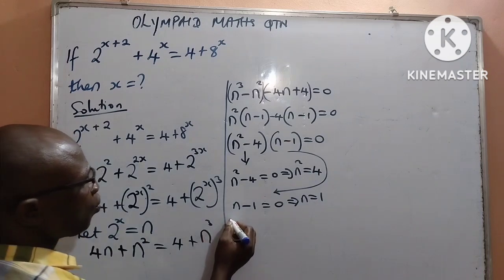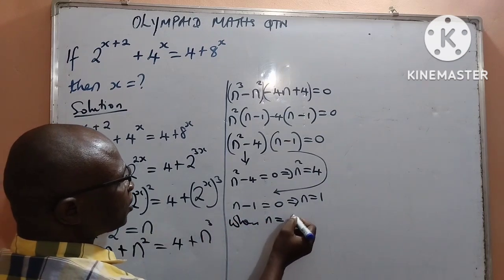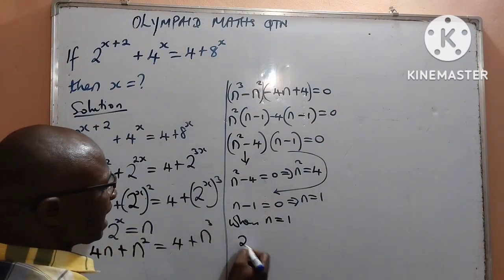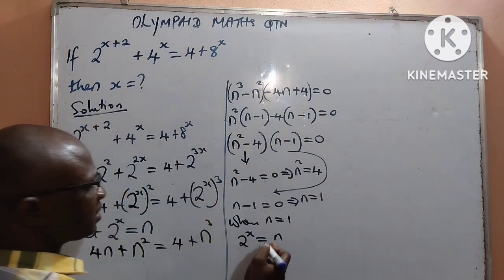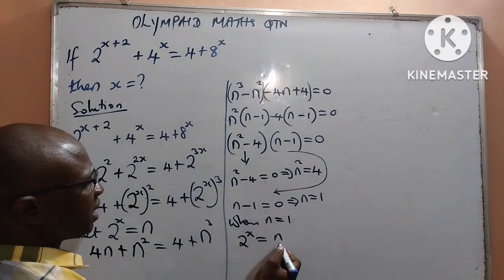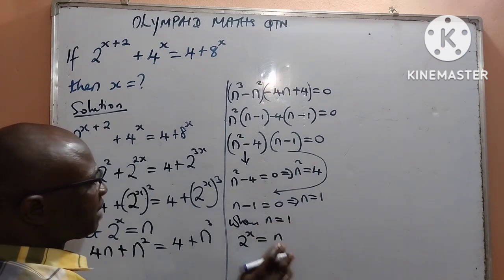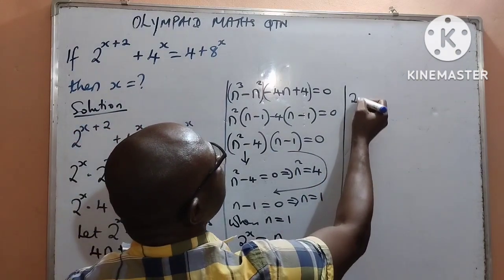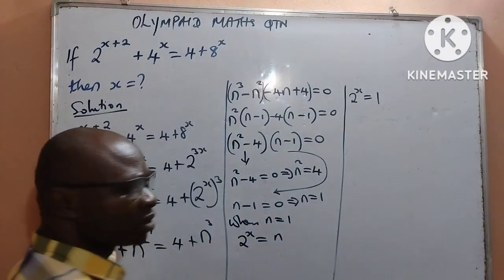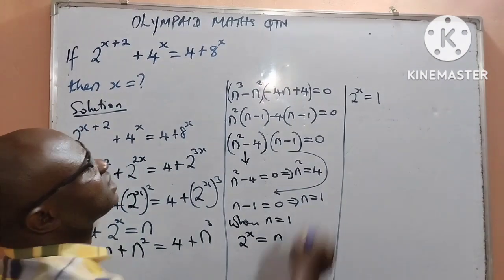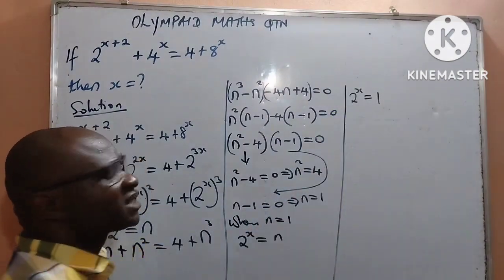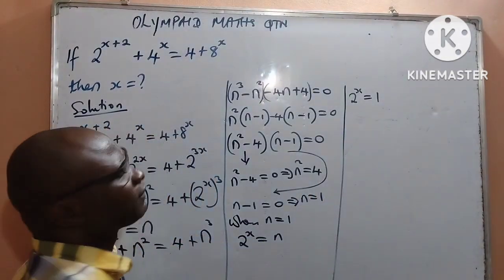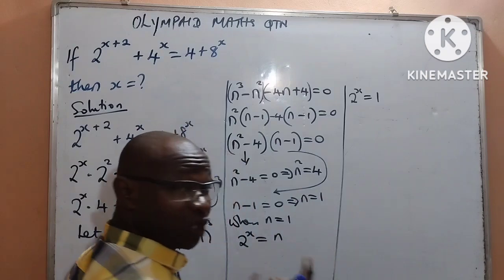Therefore, when n is equal to 1, I have 2 to the power x is equal to n. So if n is 1, I shall now have 2 to the power x is equal to 1. But then 1 is the same thing, since I have here from the left hand side base 2, I can express this 1 in index form, and of course in base 2.